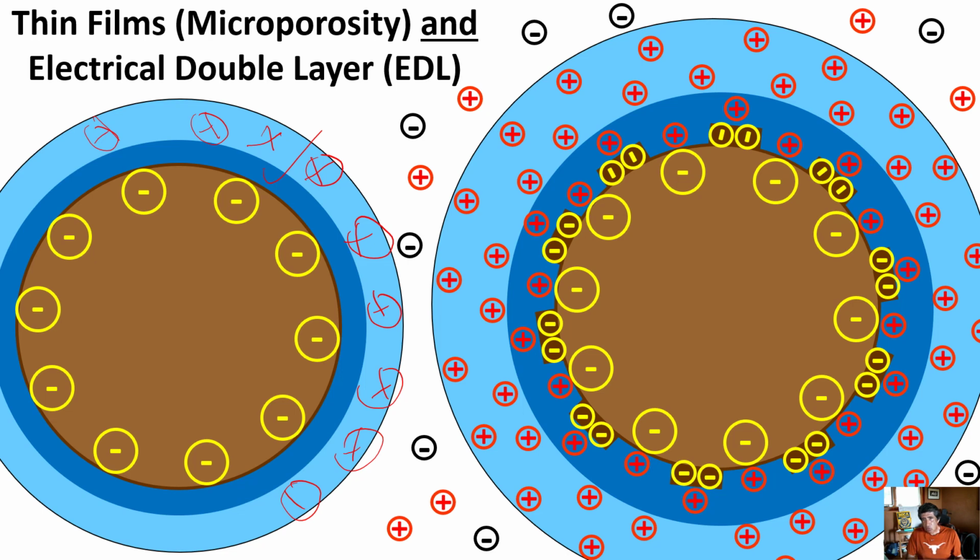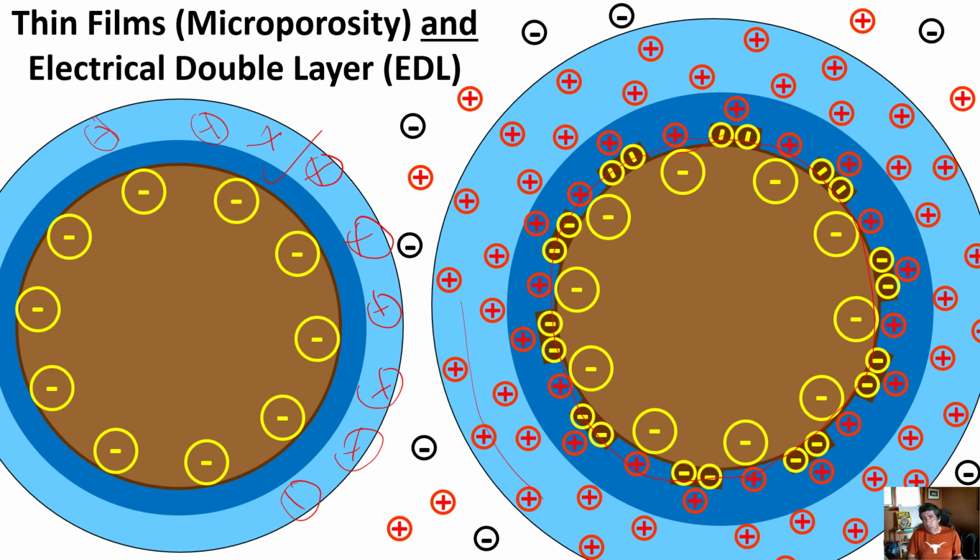This excess of cation concentration in the vicinity of charges is what makes up this electrical double layer, because we have a concentration of negative electric charge on the solids adjacent to a concentration of positive electric charge. That's the definition of electrical double layer.